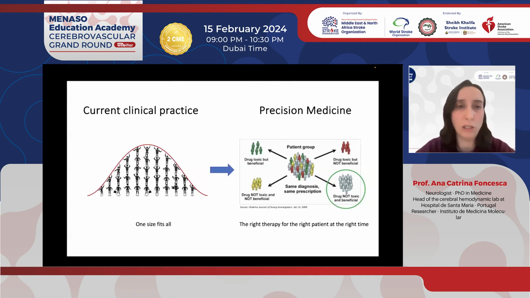So currently, we are applying the same medication to the entire population. One size fits all. But we know that whenever we do this, there are some extremes, some outliers. In some cases, we are using the drug, but we know that it won't be beneficial to those individuals. And in some individuals, the harms or the toxicity will outweigh the benefit.